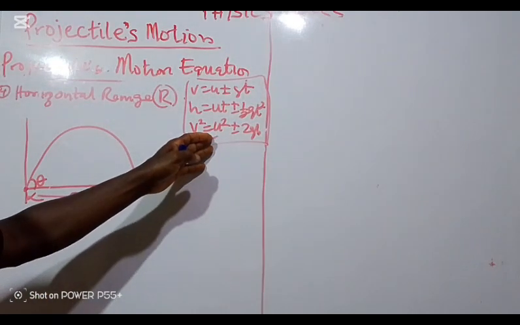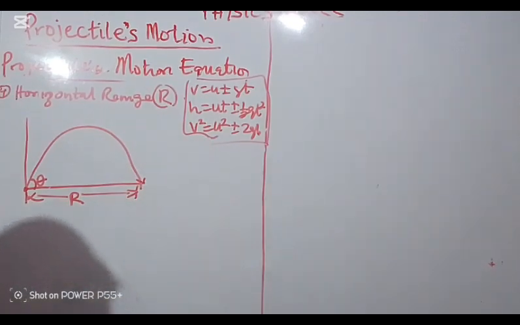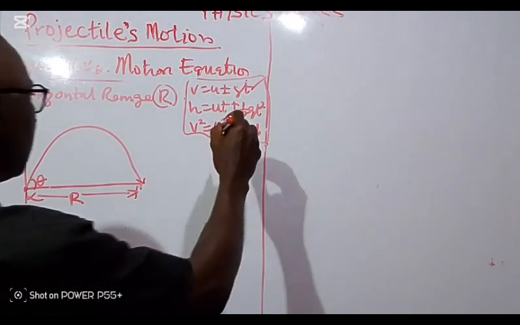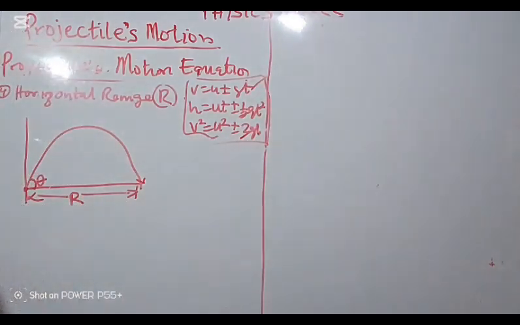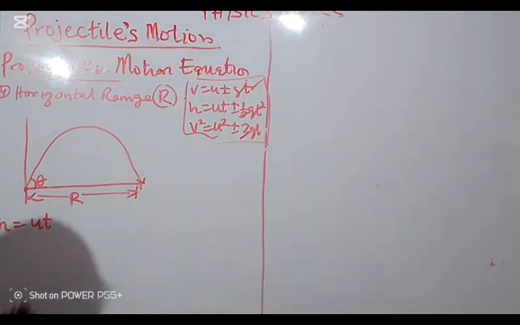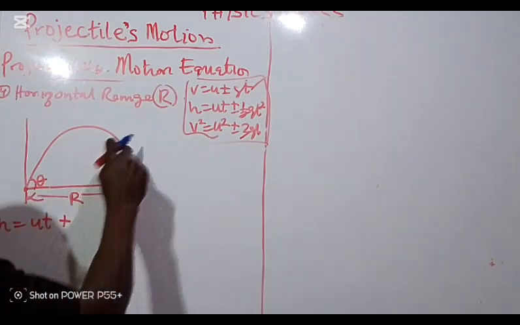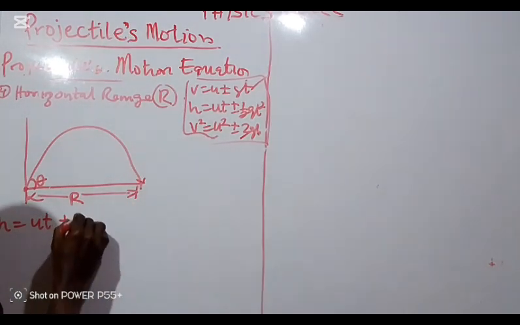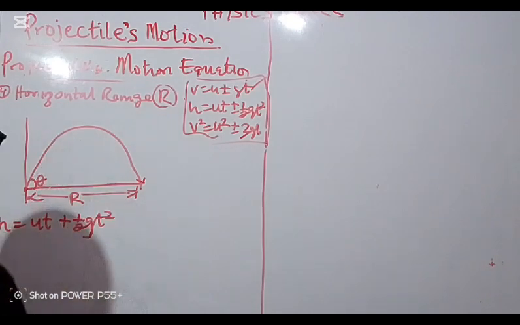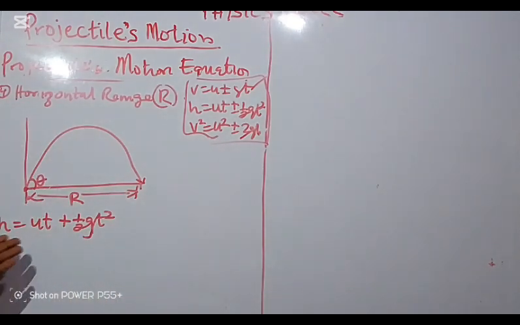We use the first one for time to reach the maximum height, the second one for maximum height. So let's use this third one for horizontal range by saying h is equal to ut plus half gt squared. This is what we borrow from motion under gravity.